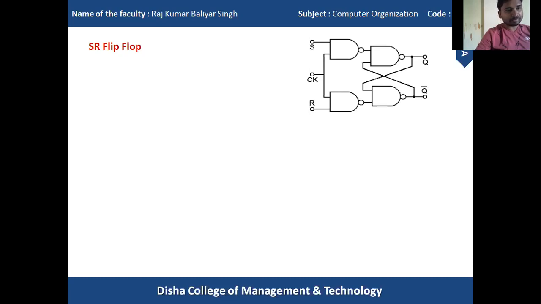So we have four different cases in SR flip-flop, because in SR flip-flop we have two input terminals, and these two input terminals have four sequences of input values.